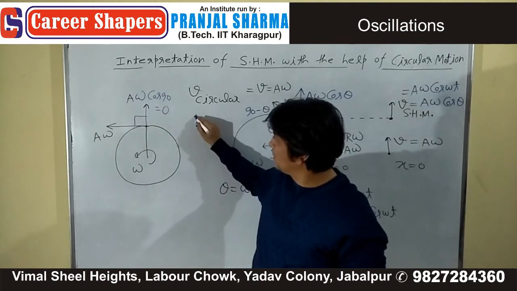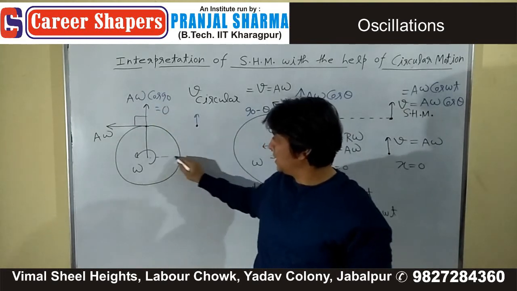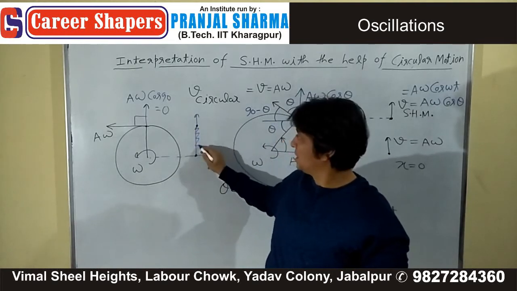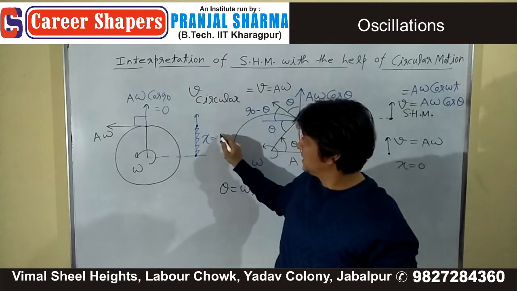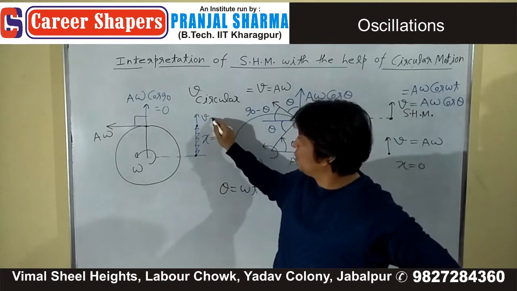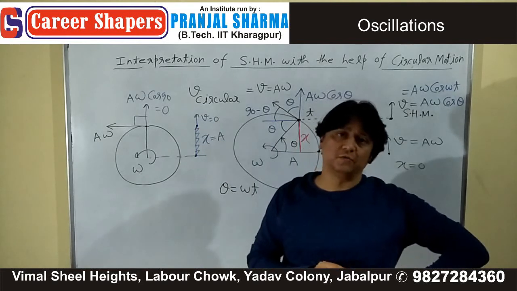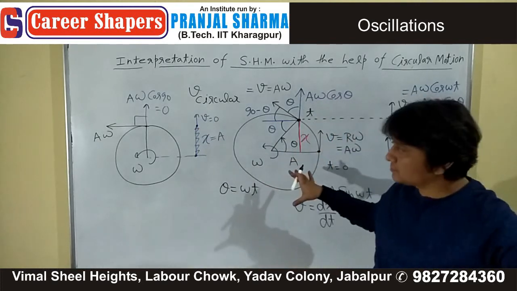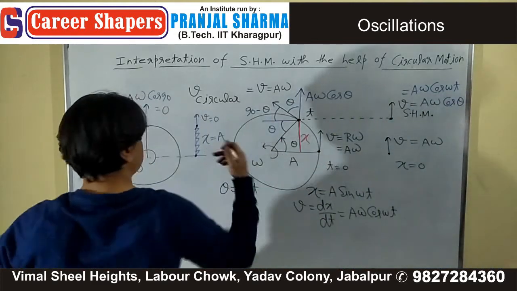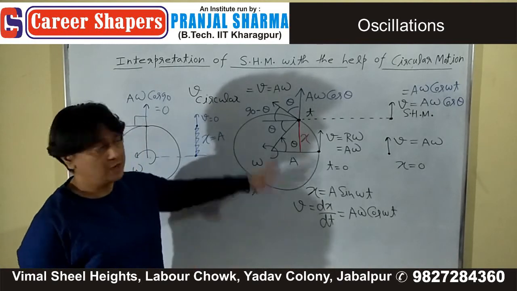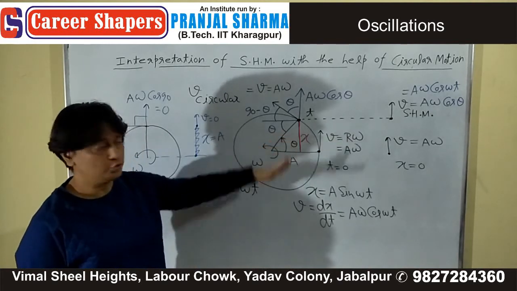And therefore, when x is A, the object is at the amplitude, and we say its velocity is 0. So we have developed the velocity of simple harmonic motion with the help of circular motion.